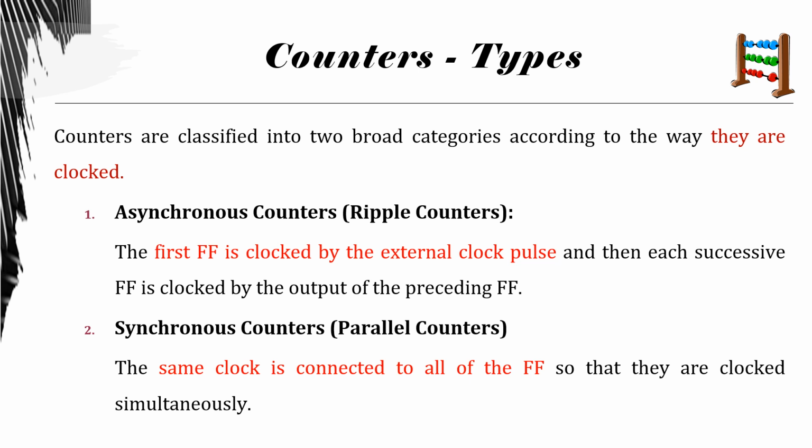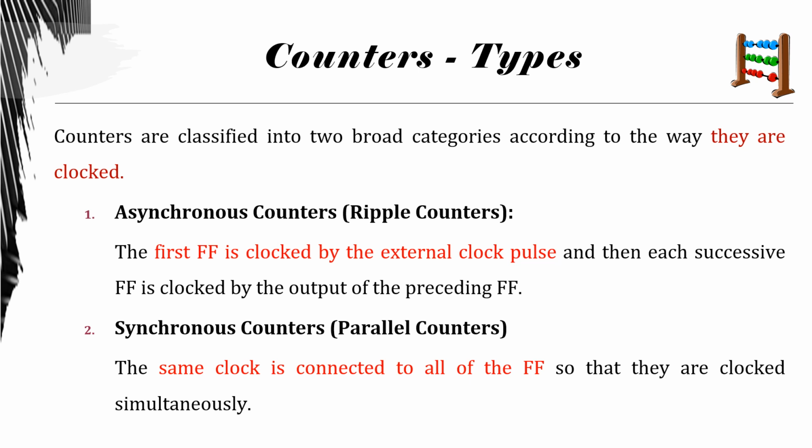That is, only the first flip-flop is clocked by the external clock pulse, and the remaining flip-flops are clocked by the output of the preceding flip-flop. These asynchronous counters can also be called ripple counters.